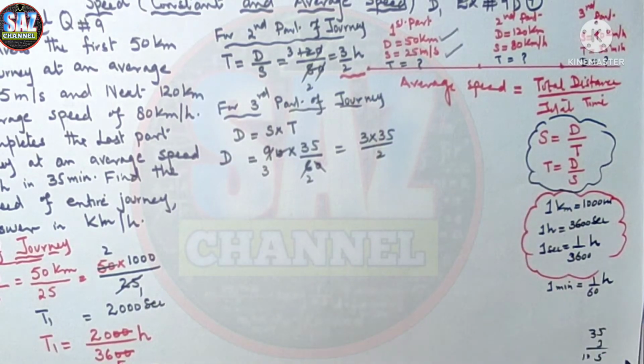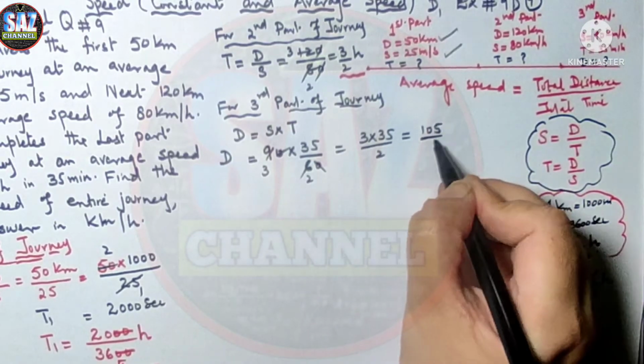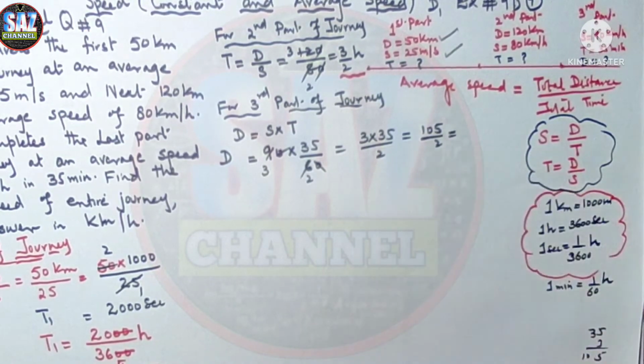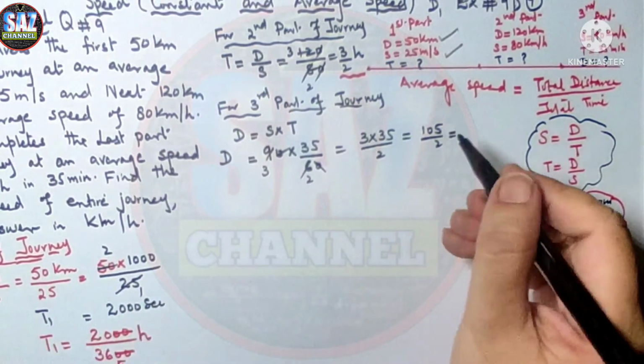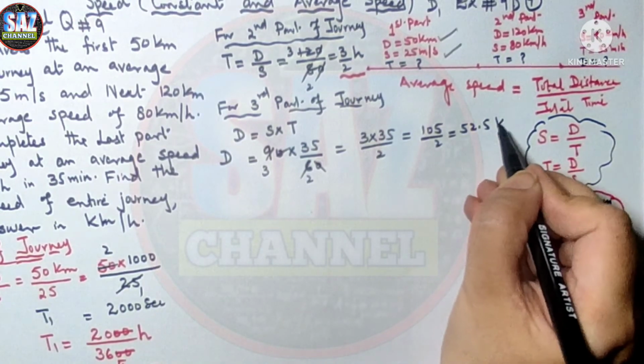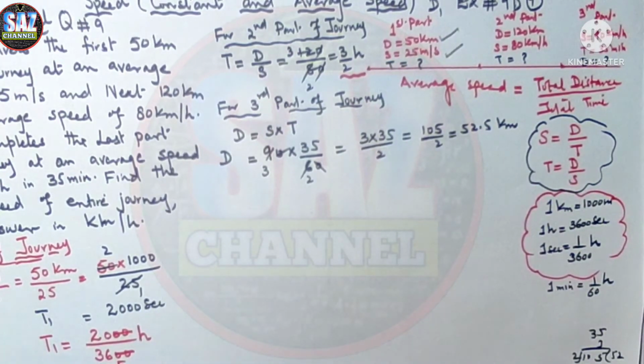This gives me 105. 105 by 2 is 52.5, and this will be in kilometers. Let me underline this answer as well.